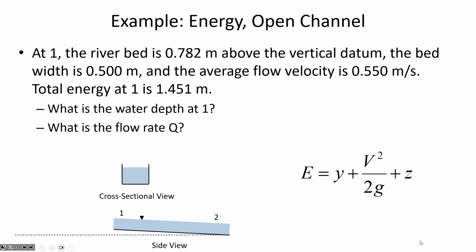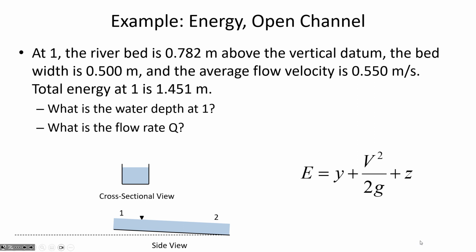In our previous lecture, I introduced the idea that the energy equation is different when we're working in open channel flow than when we were discussing closed conduit flow. In the case of closed conduit flow, the 3 terms that comprised energy were the pressure head term, the elevation term, and the velocity term.